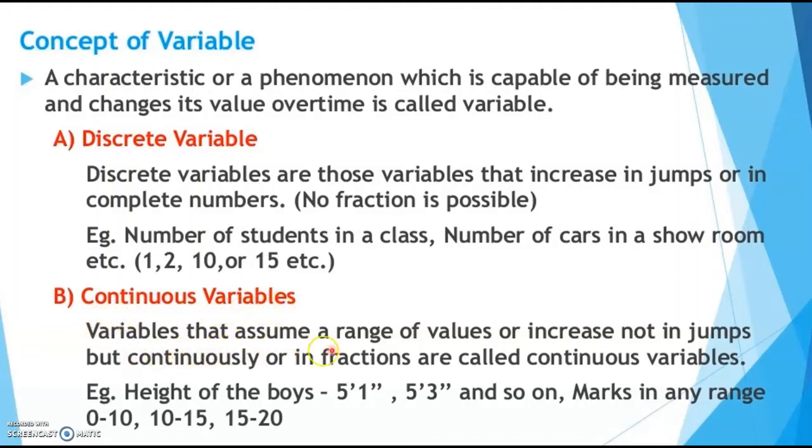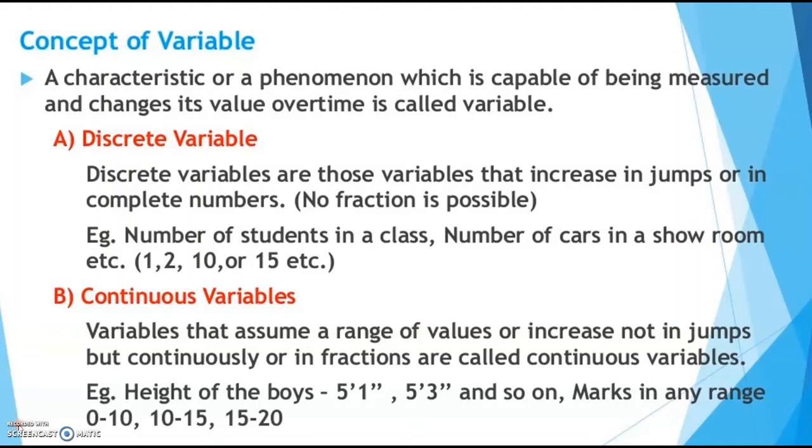Variables that assume a range of values or increase not in jumps but continuously or in fractions are called continuous variables. Example, height of the boys 5.1, 5.3 and so on. And marks in any range 0 to 10, 10 to 15, 15 to 20, etc. So, a continuous variable can take any numerical value.